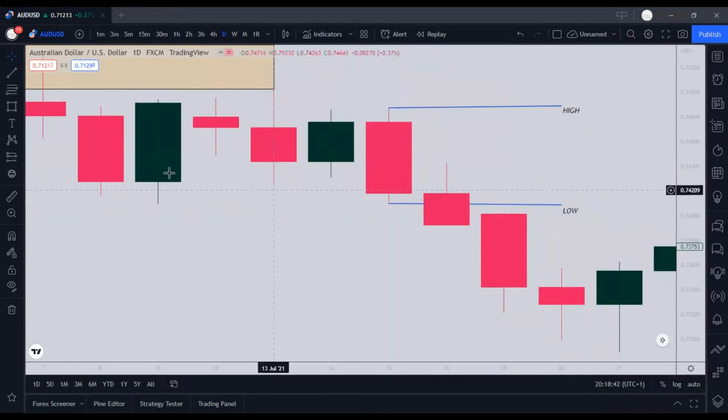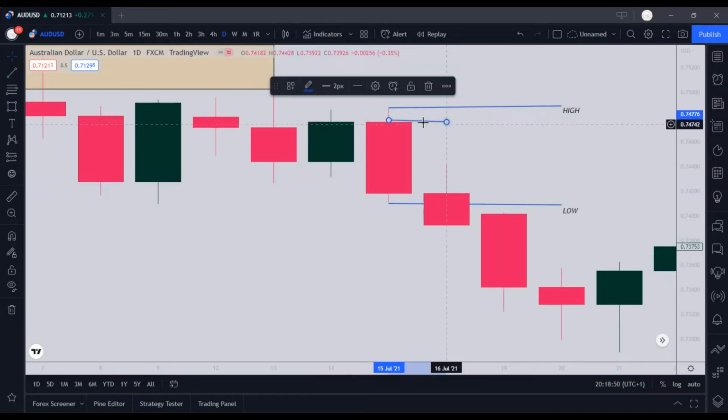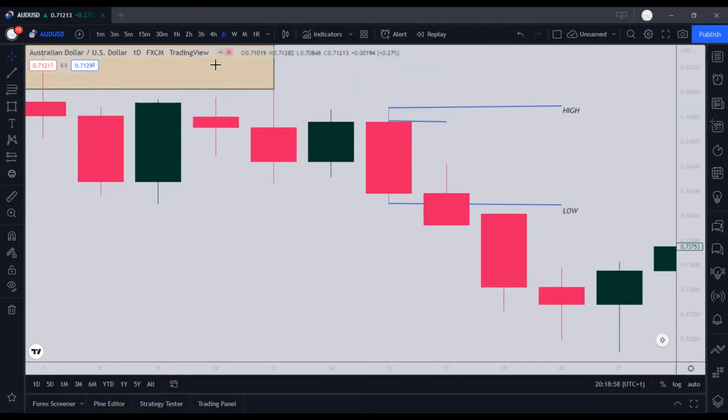Okay. So with this, the open begins here. A bearish candlestick. For a bearish candlestick, we have the open above the close.